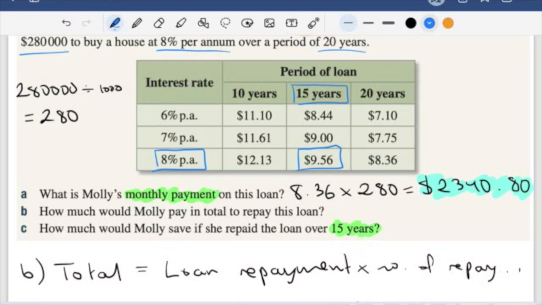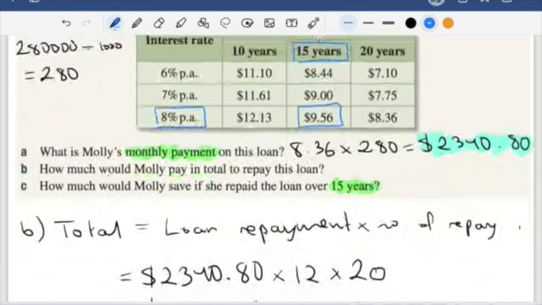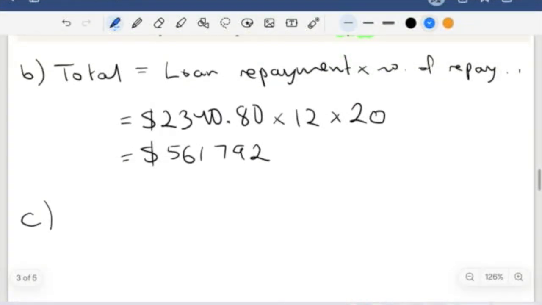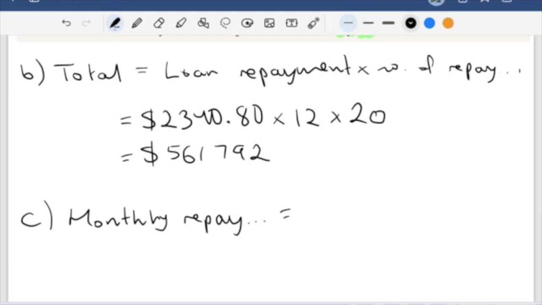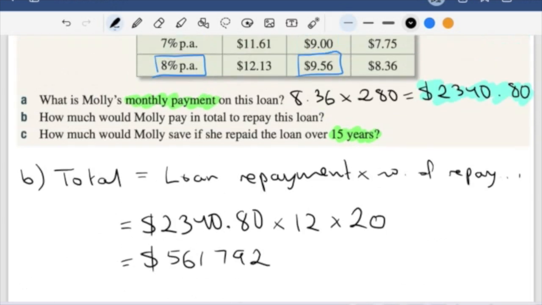So we're going to do a very similar thing to what we did in the first part. This bit's just a little less scaffolded because now we're used to it. We want to first find our monthly repayment. We do that by taking our $9.56 and multiplying this by the 280. So it's the same thing that we did up here.